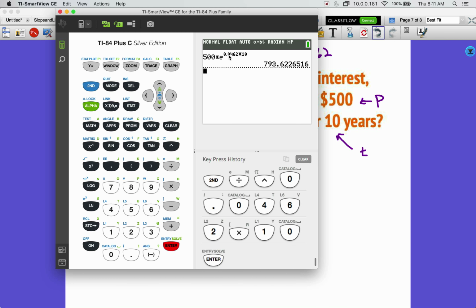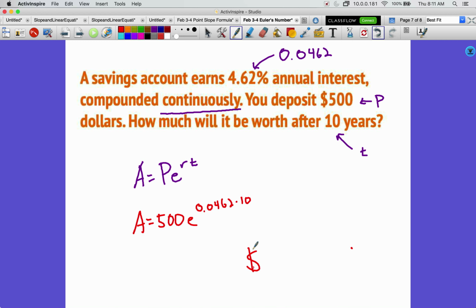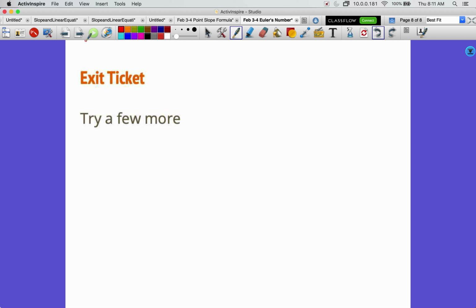Make sure that whole thing goes into the exponent. Use a set of parentheses if you've got an older calculator to make sure that times 10 ends up in the exponent. And we get $793.62.